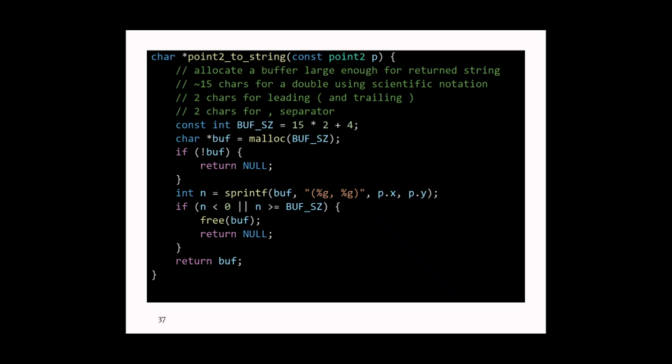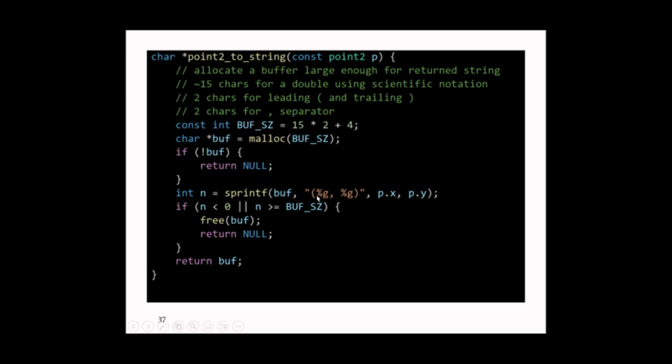Now remember what the g conversion does. It's either going to use %f or %e, scientific notation, depending on the magnitude of p.x and p.y. On its own, it always uses a total of 6 digits. But it's a floating point number, so there's 6 digits, plus a decimal point, so that's 7, plus a sign, so that's 8.